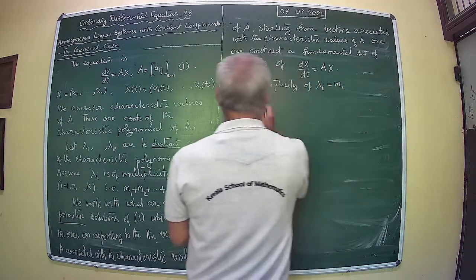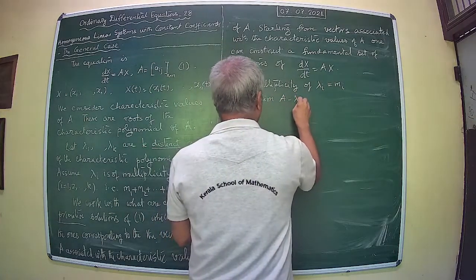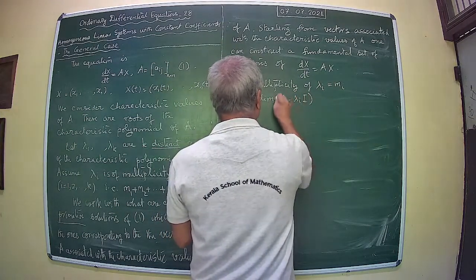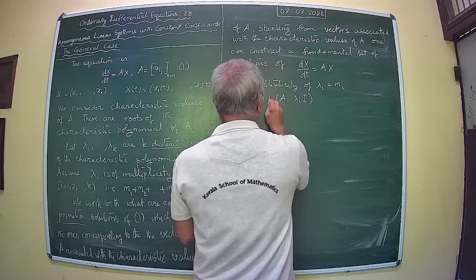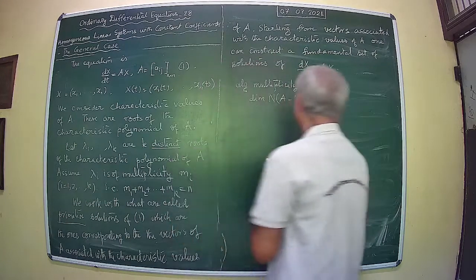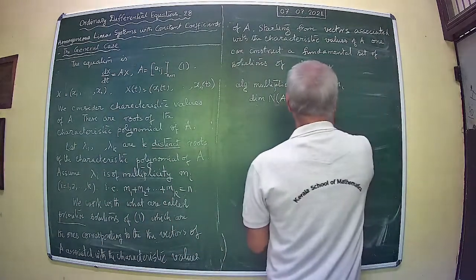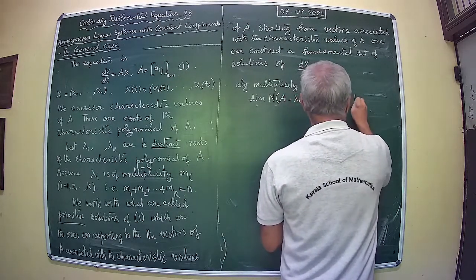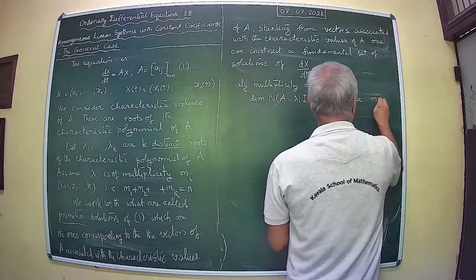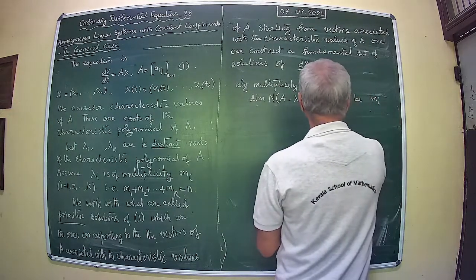What about the dimension of the null space of A minus lambda I? This may be mi, or it could be strictly less than mi.